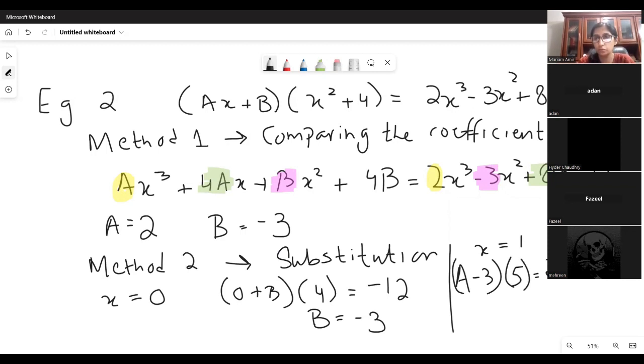And then 2 minus 3 plus 8 minus 12. What is this? This gives us minus 5. 2 minus 3 plus 8 minus 12 is minus 5, yes. And then this is 5 times a minus 3. Dividing by 5, a minus 3 equals minus 1, and a equals plus 2.